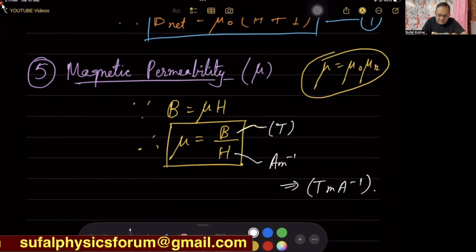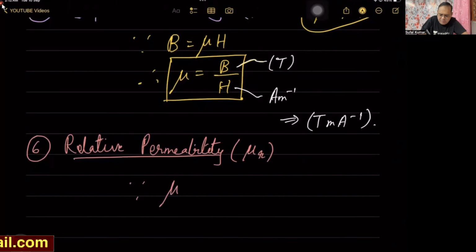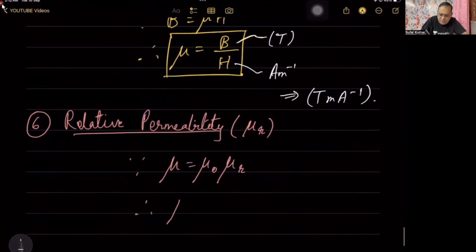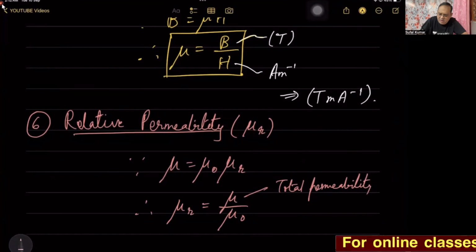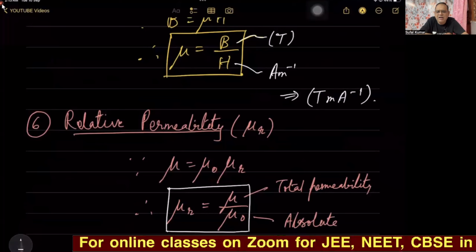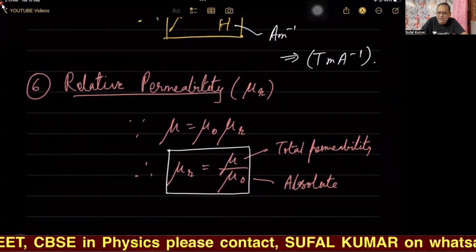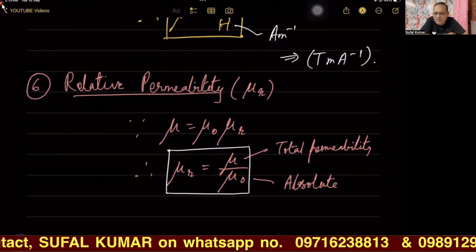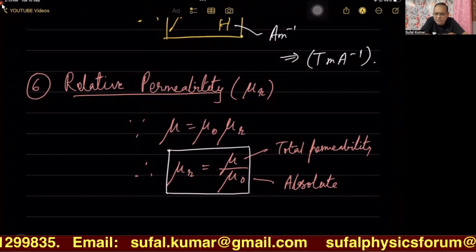This is done. Then afterwards, 6, mu r. Since mu is equal to mu naught into mu r, therefore mu r is mu upon mu naught. This is total and this is absolute. So relative permeability means relative magnetic permeability. It is a dimensionless number. Whatever dimension mu will have, the same dimension of Tesla meter per ampere mu naught also will have.